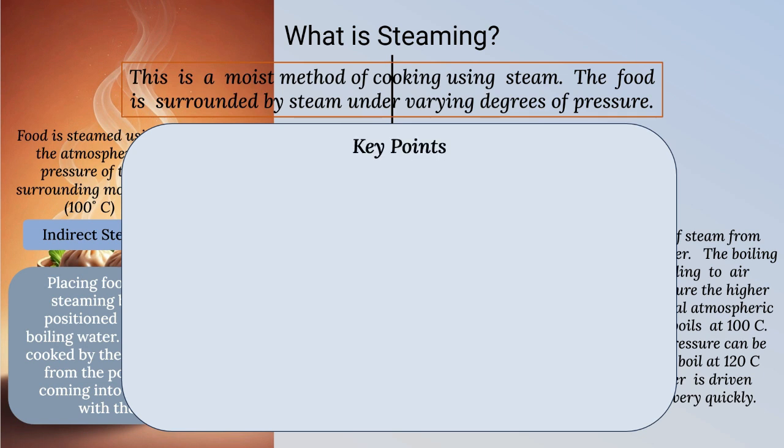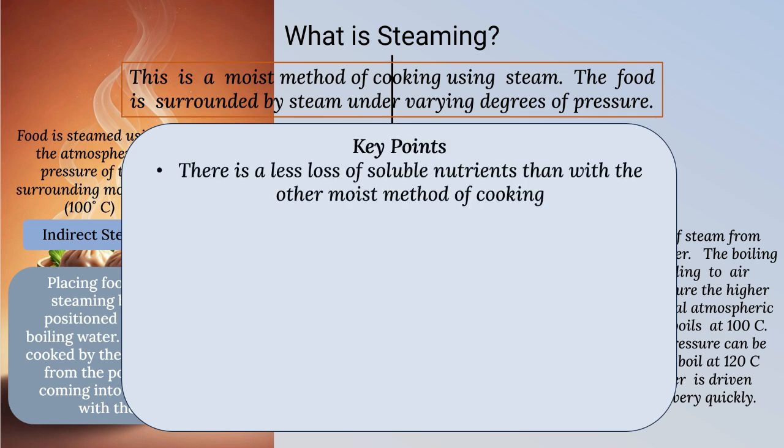Now some key points. There is less loss of soluble nutrients than with the other moist methods of cooking. If you compare it with boiling, in case of boiling the product is coming in contact with the moisture, that is water. In case of steaming, there is less loss of soluble nutrients.